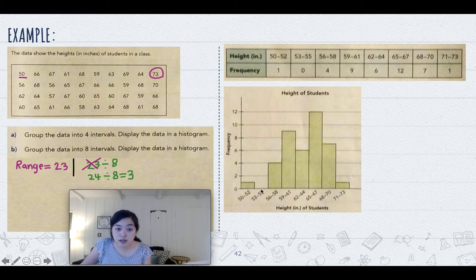But notice, how come there's nothing written here, no bar here, between 53 to 55? Because in our table, between 53 to 55, there's 0 students. So there is a piece of data here. It's just at the 0 mark, so it looks like there's nothing. So this is the correct histogram that represents this table.